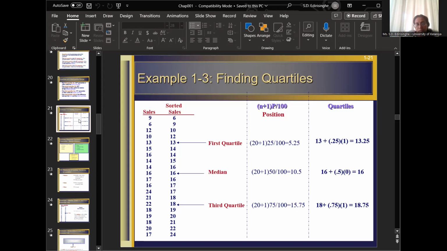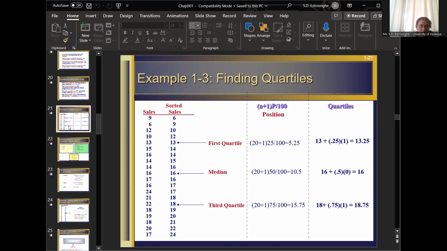These are the sorted sales. That means we sorted them starting from the smallest one up to the maximum. Now it is clear what the first quartile is, and how we can find it. We multiply by P divided by 100 to find the position.